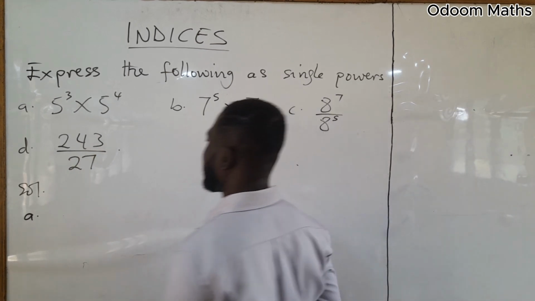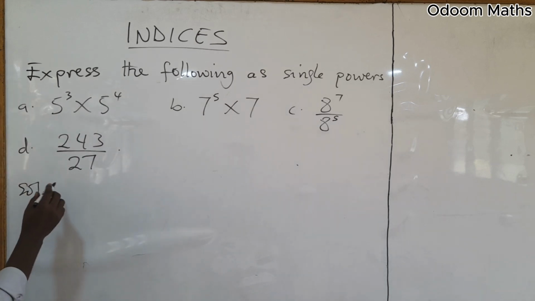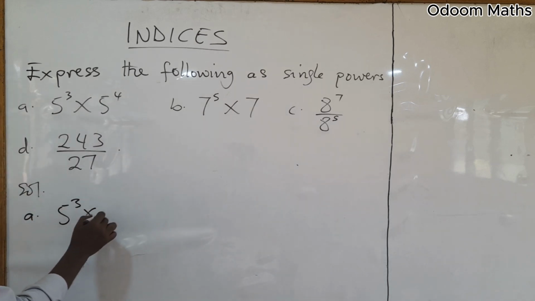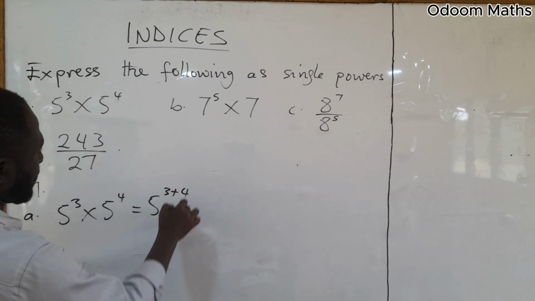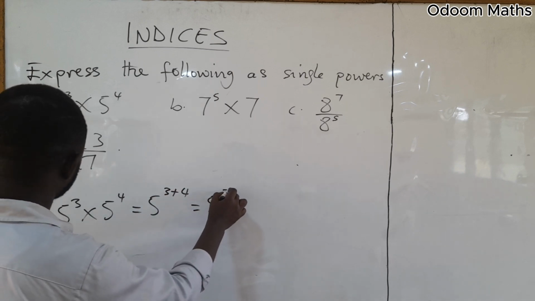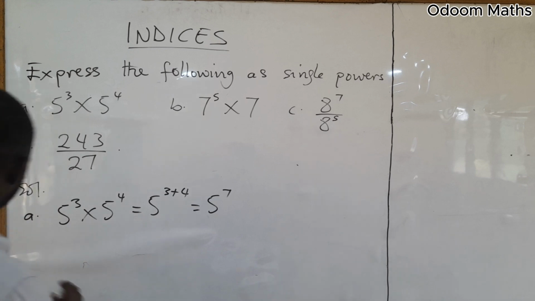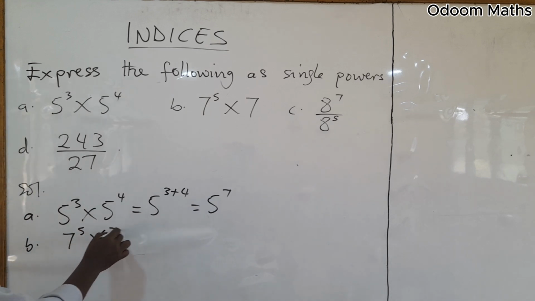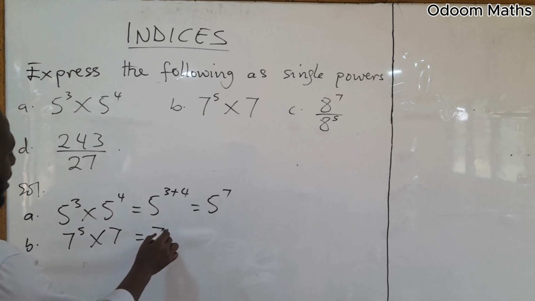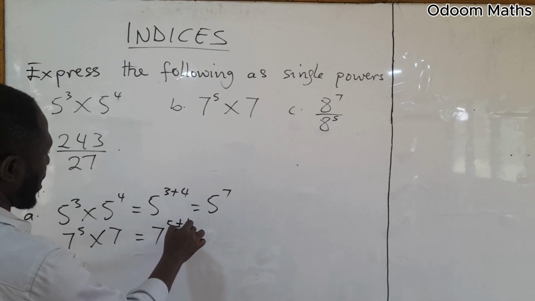Okay, so let's start from the a. The first one, 5 to the power 3 times 5 to the power 4, becomes 5 to the power 3 plus 4, and that is 5 to the power 7. Then the second one, b, 7 to the power 5 times 7, also becomes 7 to the power 5 plus 1.